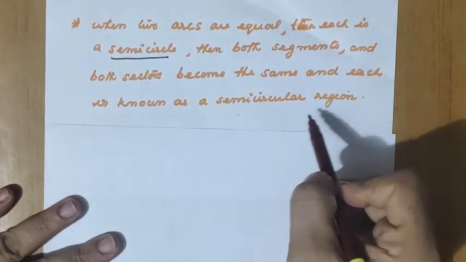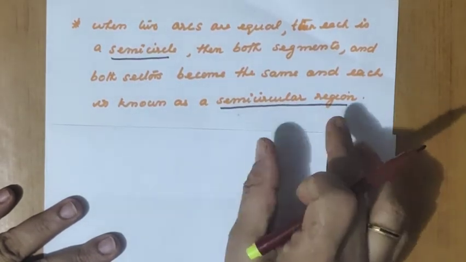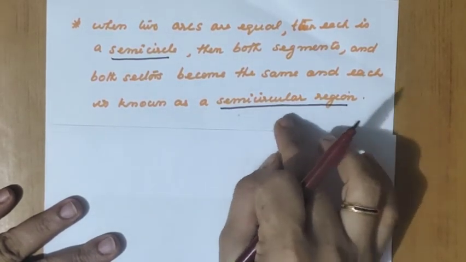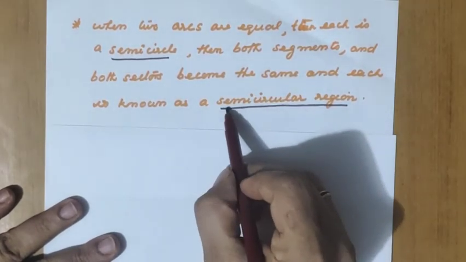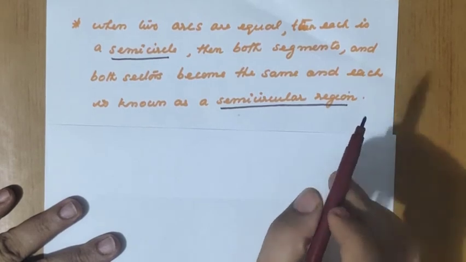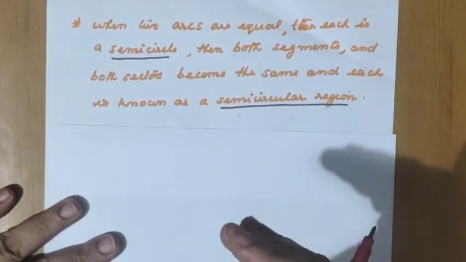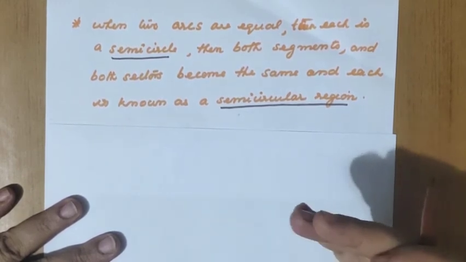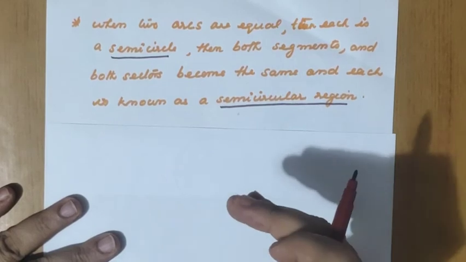Then each is known as a semicircular region, because the interior part of the circle is also considered here. That is why we call it a circular region, but it is a semicircle. So, semicircular region. In the first points we studied what a circular region is: the circle and the interior part of the circle.